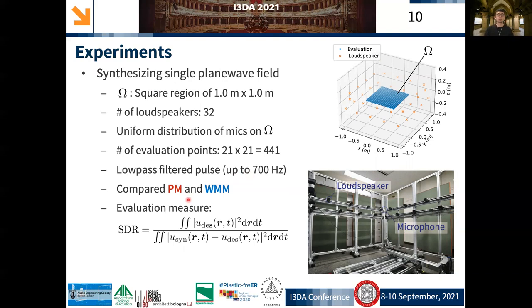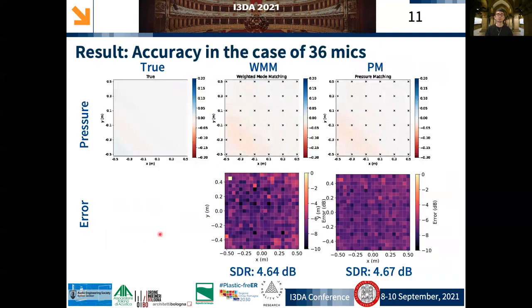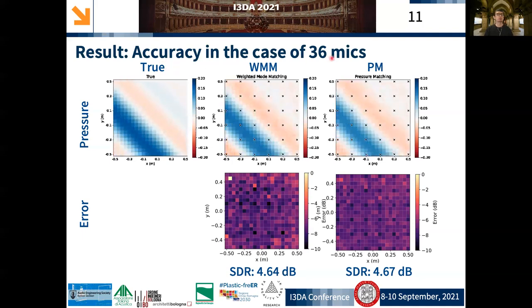We compared the reproduction accuracy of PM and WMM. The evaluation measure is SDR, defined like this. So a higher value of SDR means high accuracy. And this is a reproduced pressure distribution in the case that 36 microphones were used.